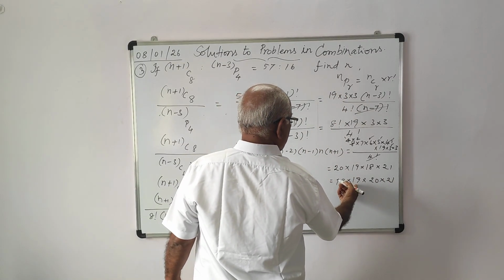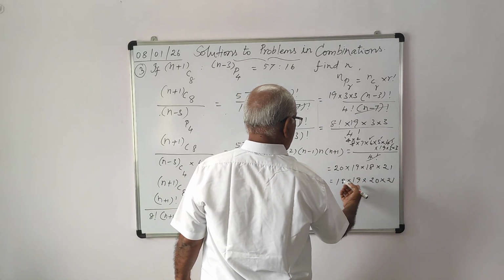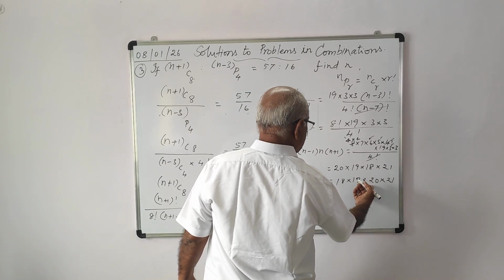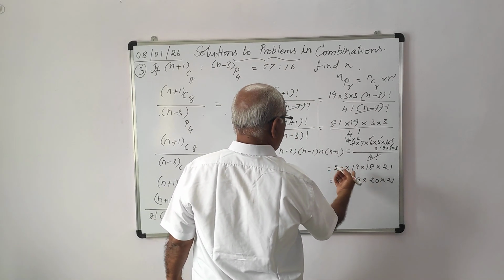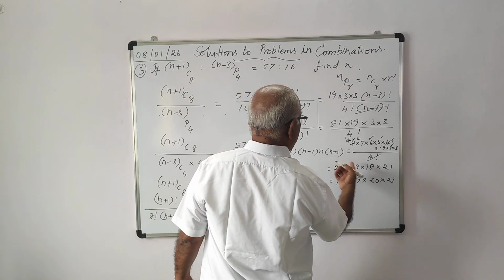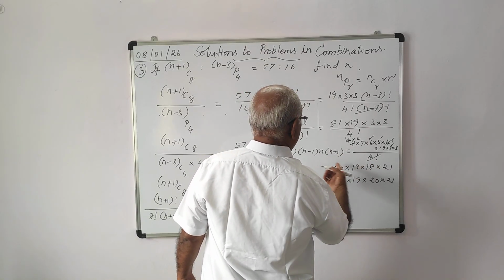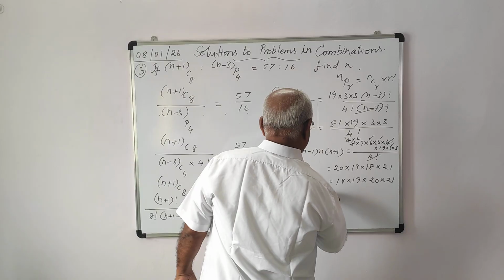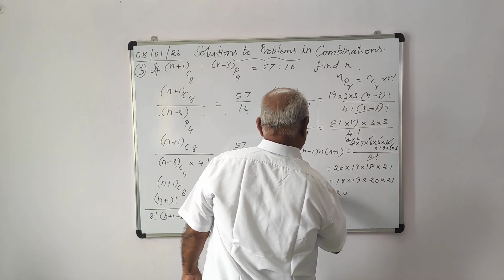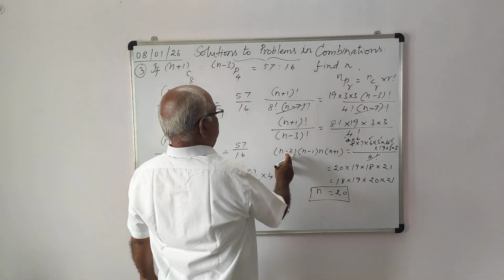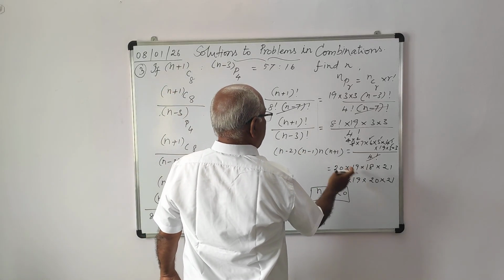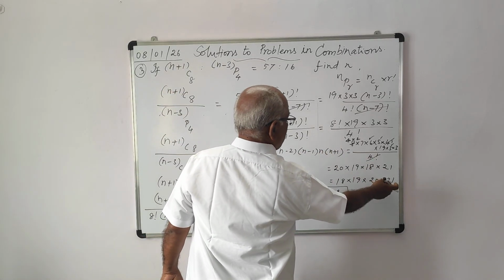So (n-2) into (n-1) into n into (n+1): n-2 is 18, n-1 is 19, n is 20, n+1 is 21. So n equals 20. 20 minus 2 is 18, 20 minus 1 is 19, 20, and 20 plus 1 is 21.